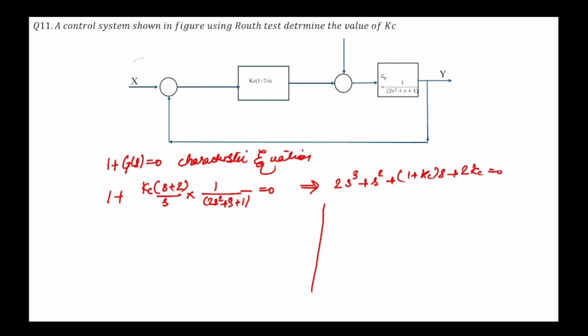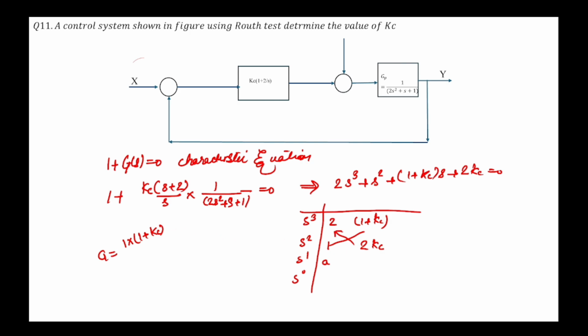Routh array: s cube, s square, s1, s0. So 2, 1, 1 plus Kc, and 2Kc. Now suppose it is equal to a, so a is equal to 1 into (1 plus Kc), that is this into this minus this into this, opposite to the matrix.